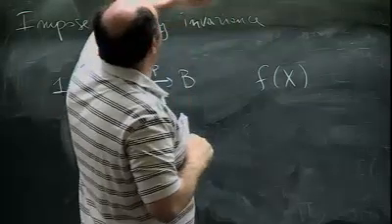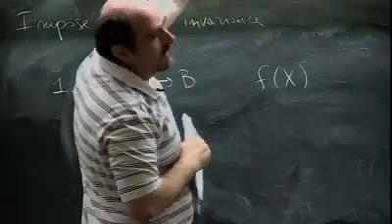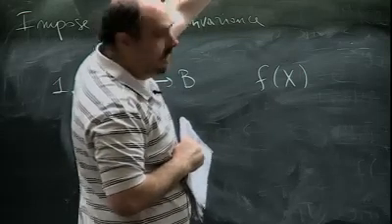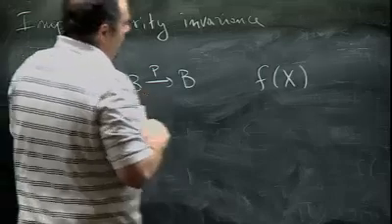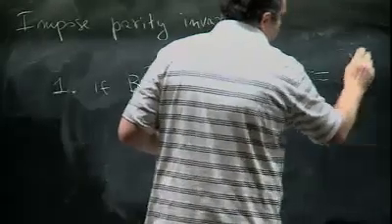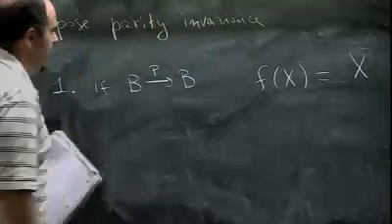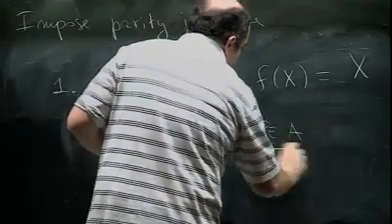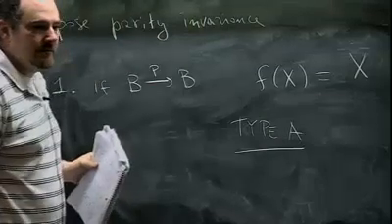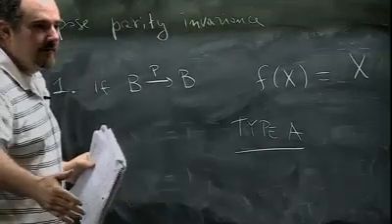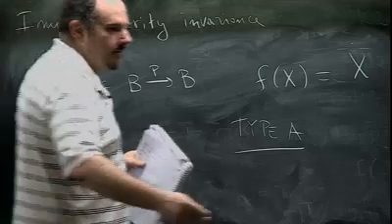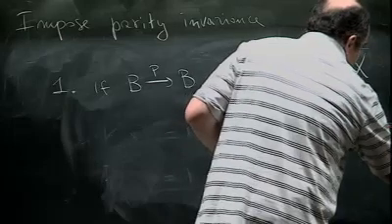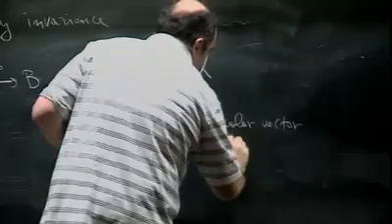Essentially, the only thing you have to check is that the right-hand side is invariant. Under parity, Z and Z bar are exchanged. And if you impose that B transforms like this, f of x is restricted to be x. Okay, so this is called type A Vasiliev theory. This is what is dual to the scalar vector model in the three-dimensional boundary. That's dual to the scalar vector model in the singlet sector without Chern-Simons.